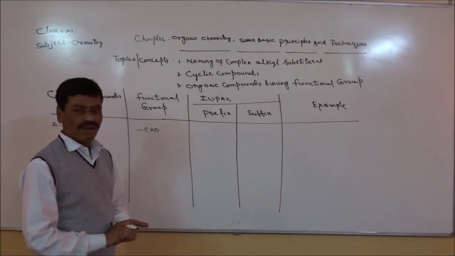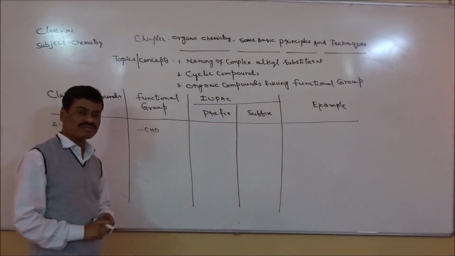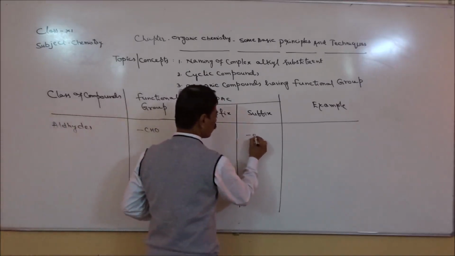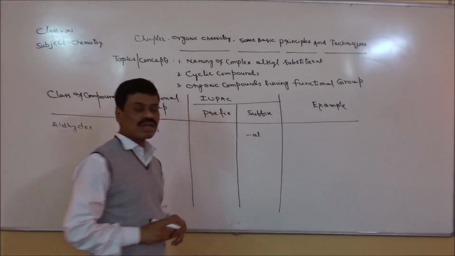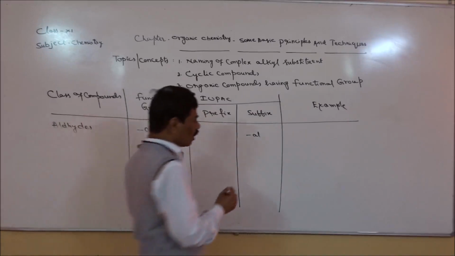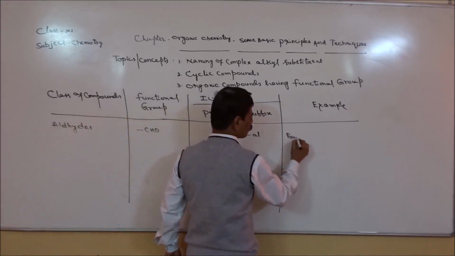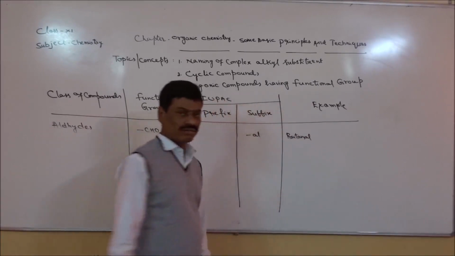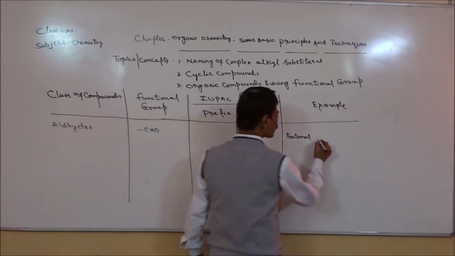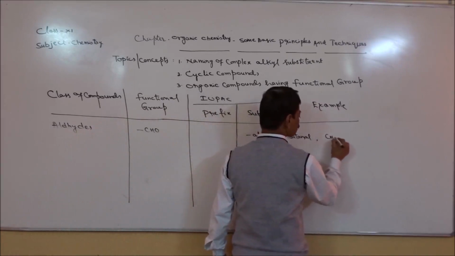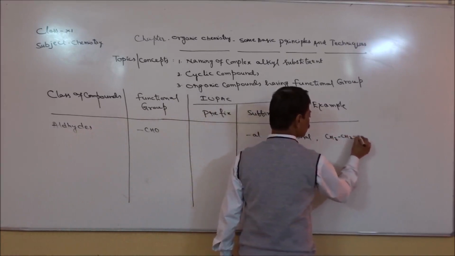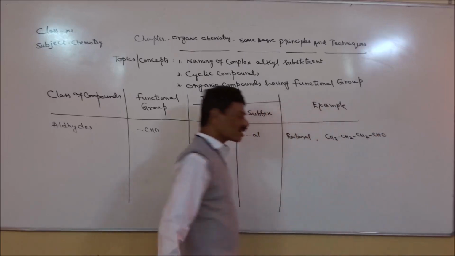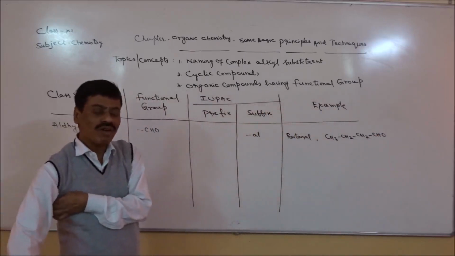In the case of aldehydes, the name ends with -al, and that is the suffix. And the best example for this is butanal. See, in the name butanal we have the -al suffix. Now its structure is CH3, CH2, CH2, CHO. So we can write butanal or 1-butanal.